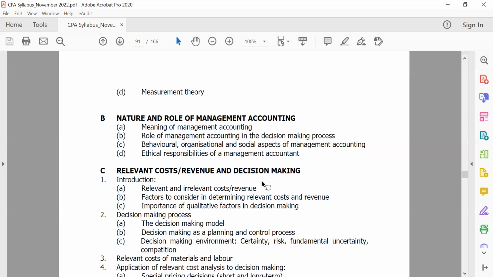The ethical responsibilities of management accountants also come into play. Why? Because this is a professional paper, and it is not just giving you insights to understand the different areas of, let's say, the course, but it's also preparing you to be a professional accountant who is ethical, who is able to hold the high principles of the profession.